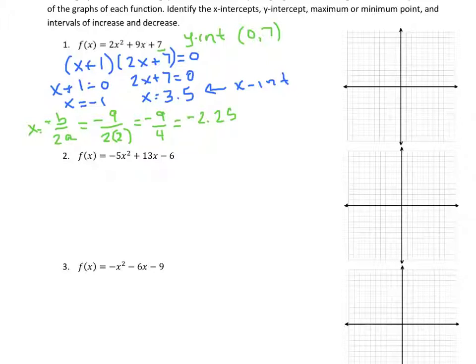Now I also need the y-coordinate. For that, I think I'll need a little bit more space. In this space, I'm going to take my function f of x and plug in negative 2.25 for x, so I'm evaluating the function when x is negative 2.25. Anytime I see an x, I plug in negative 2.25.